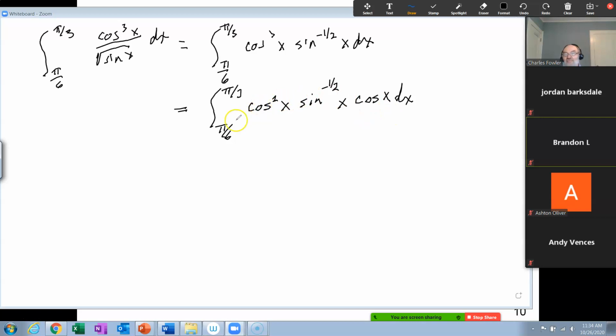So let's get this in terms of sine, and that will be the integral from pi 6 to pi thirds of, and change that cosine to sines, which would be 1 minus sine squared x, because cosine squared x is 1 minus sine squared x, times sine to the minus 1/2 x.